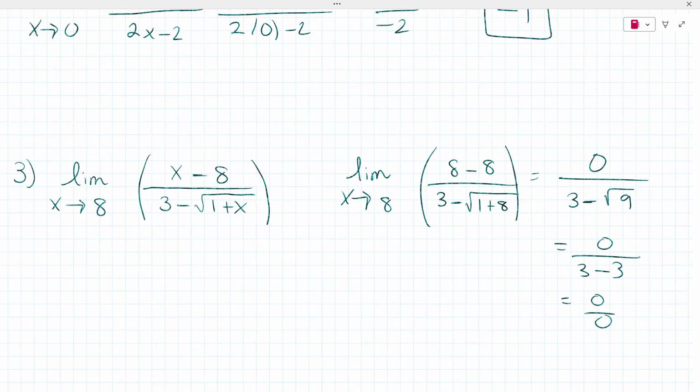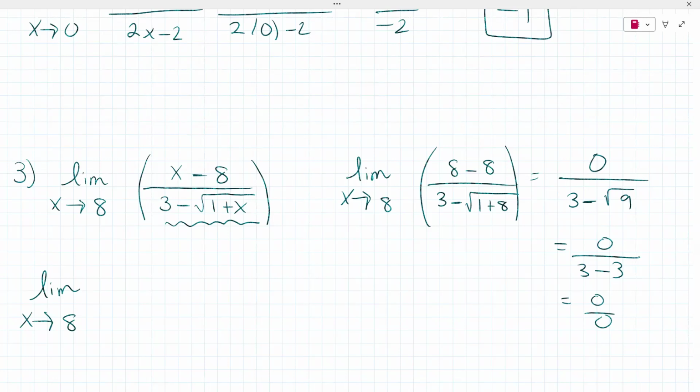I'm going to multiply top and bottom by the conjugate, and it's usually the denominator. So what would be the conjugate of the denominator? It's basically the same thing as the denominator. The only difference is the opposite sign.